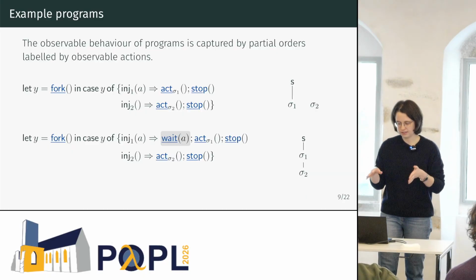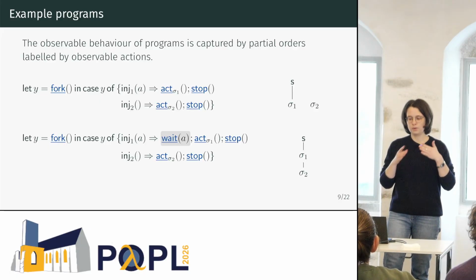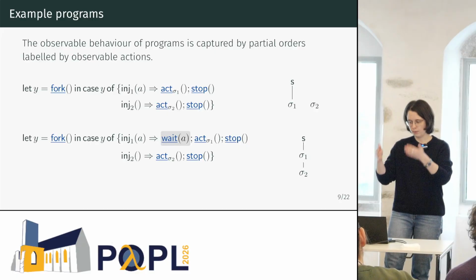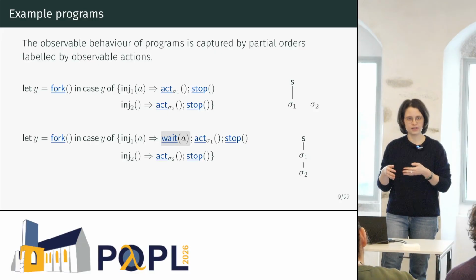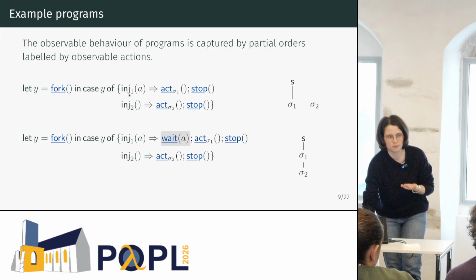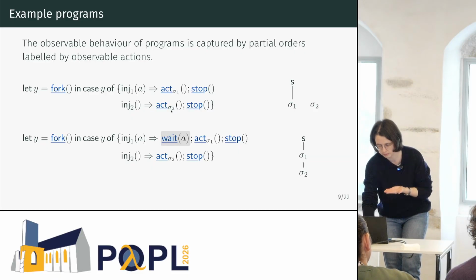And the main idea is that the observable behavior of a program is captured by a POM set labeled by actions. So in the first program, it starts by forking a new thread. And then there are 2 cases, one for the parent and one for the child. So the parent will do action sigma 1, and the child will do action sigma 2.